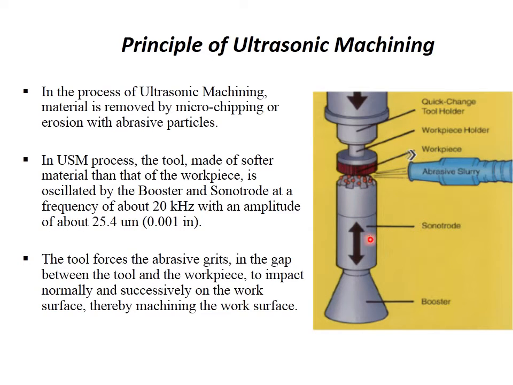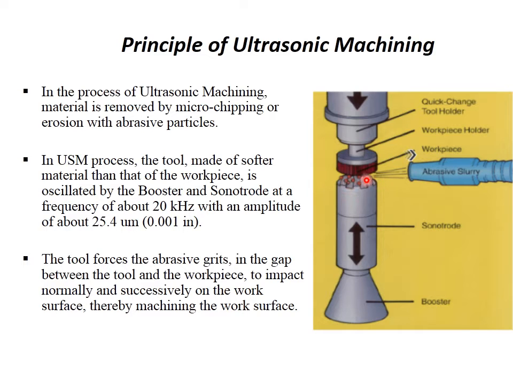You have a sonotrode, and here you can have a different profile tool, and there is a gap between the workpiece and the sonotrode, right? The workpiece is held through a particular workpiece holder, and this gap is maintained during the machining. When the machining is happening, the gap is filled with some abrasive slurry.